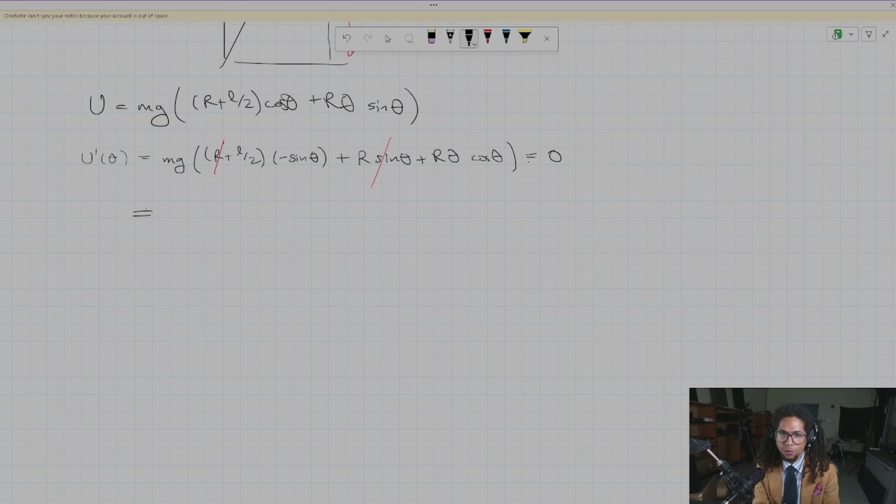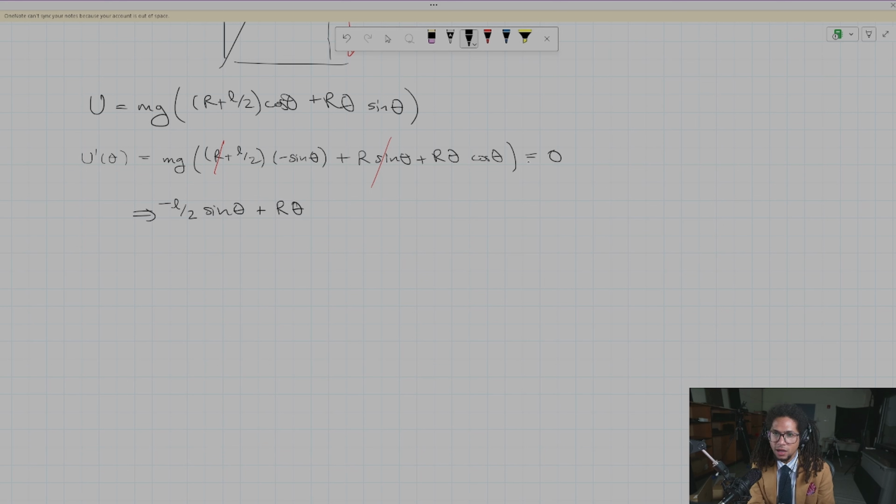So let's rewrite that equation. Notice mg doesn't matter here, so we can drop it at this stage. This gives us L over 2 times minus sine theta plus r theta cos theta is equal to 0. Or equivalently, moving things around a little bit, first we get L over 2 sine theta is equal to r theta cos theta.